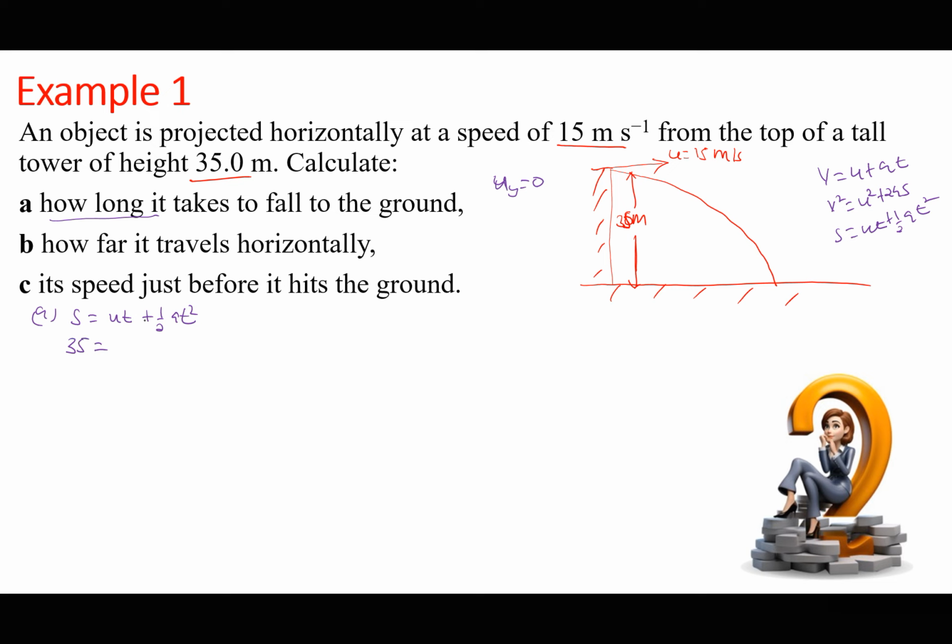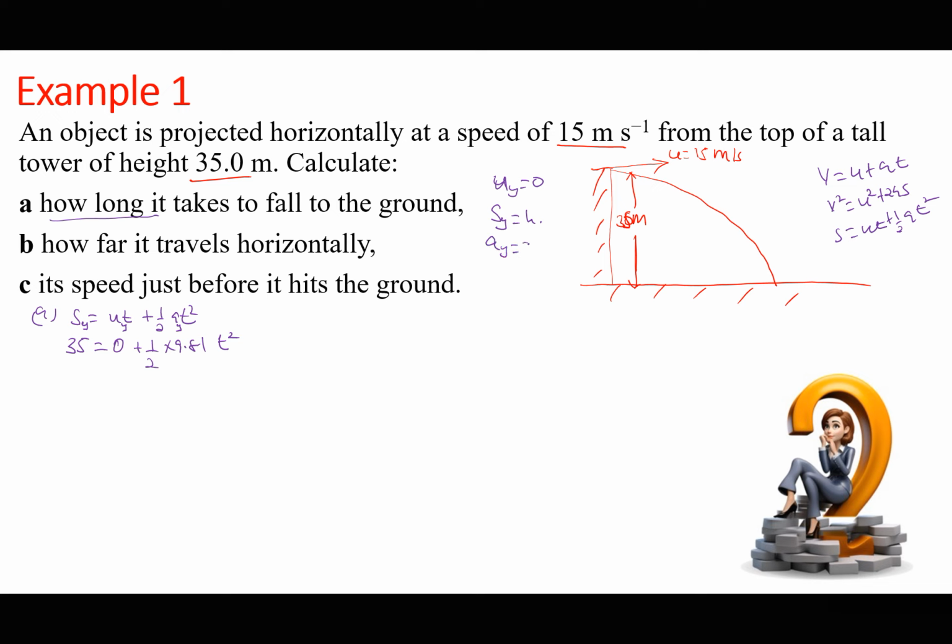Initial velocity in the vertical is 0 because the body was projected horizontally, so this will be 0 plus a half times acceleration, which is 9.81, times t squared. So I'm considering s in the vertical, initial velocity in the vertical, acceleration in the vertical. S in the vertical is h, which is 35. Initial velocity in the vertical is 0.